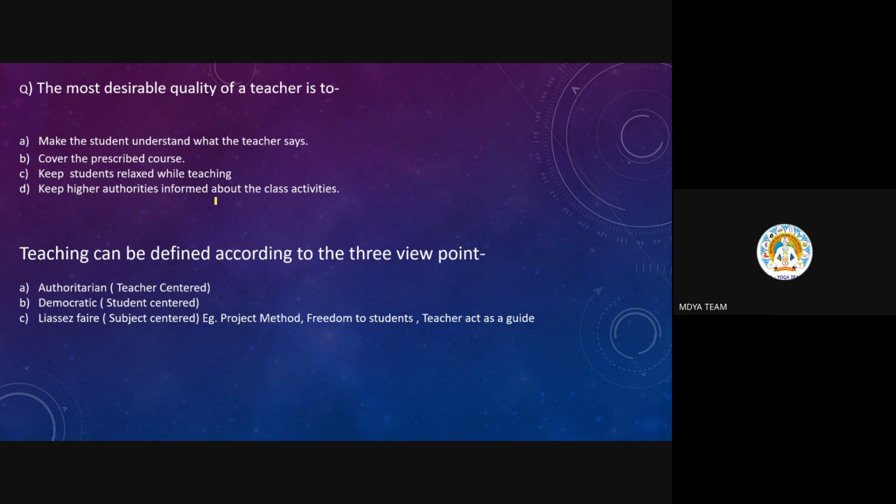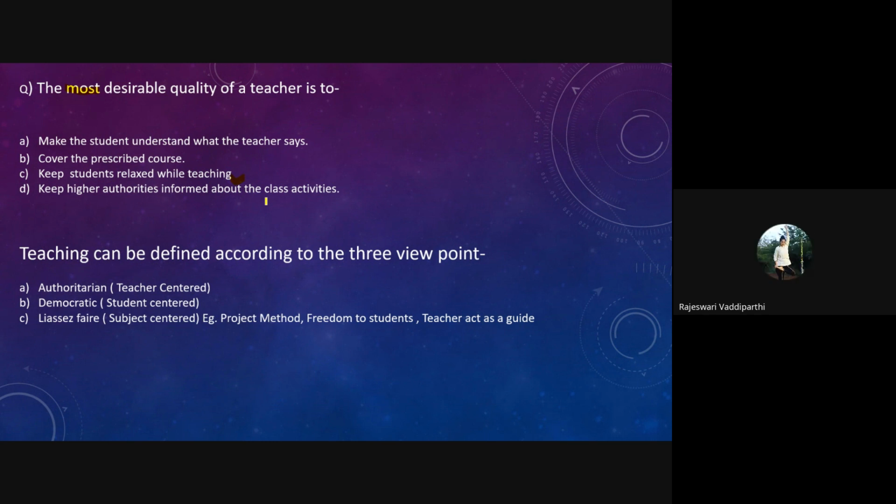Here, before looking into the options, look into the question. The most desirable. This can be a desirable quality, but here it is the most desirable. So between A and C, which one is the most desirable? Now tell me the answer.